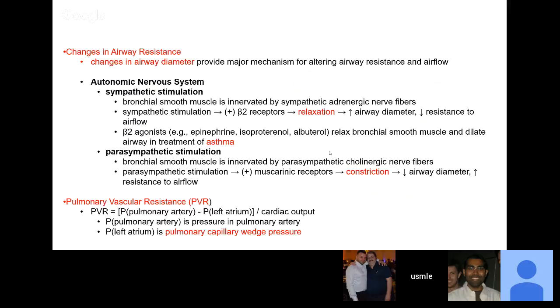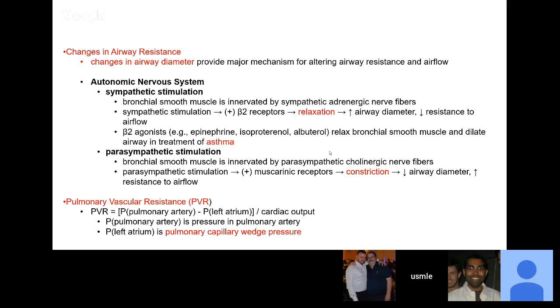So now the pulmonary vascular resistance, the PVR, how are you going to calculate this? You need to know the physiology of the heart, because you're going to include the cardiac output, and the pressure within the left atrium versus the pressure within the pulmonary artery. The pulmonary vascular resistance is calculated by the difference between pulmonary artery and left atrium pressure, divided by the cardiac output.